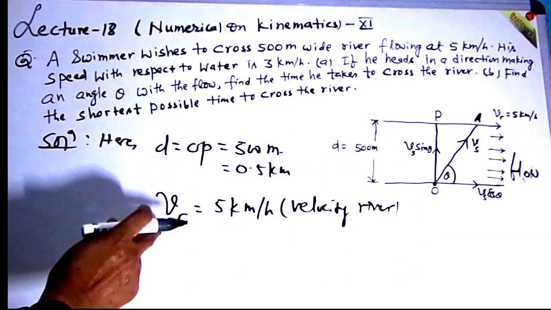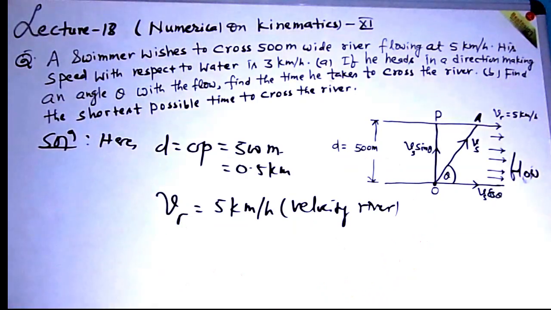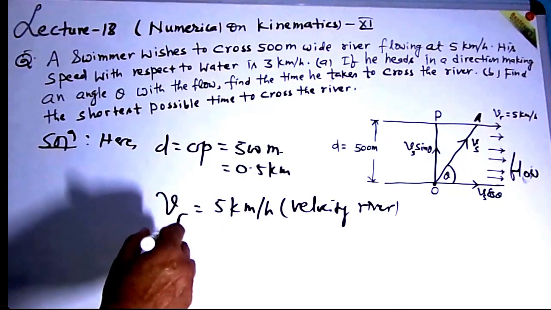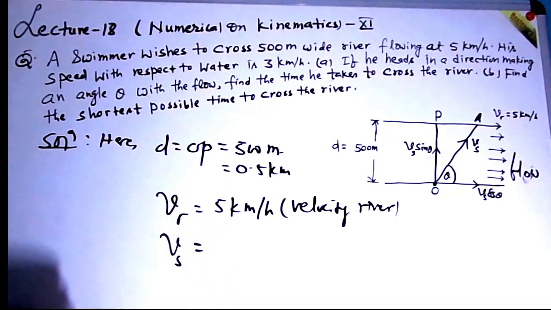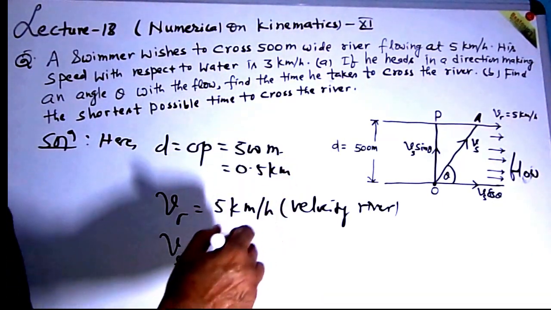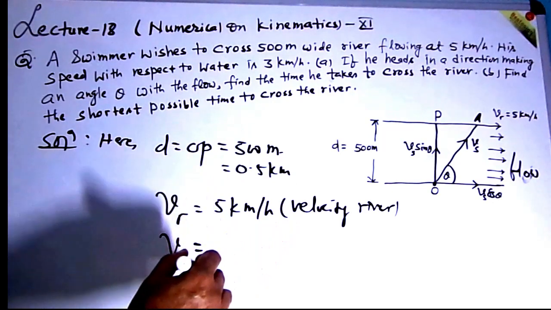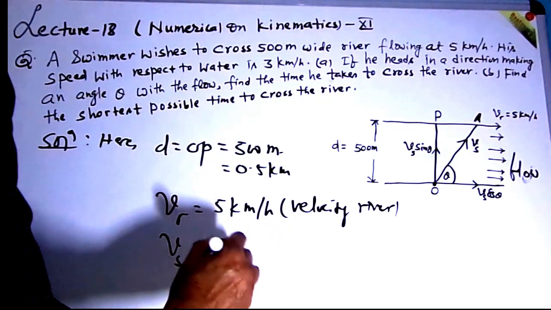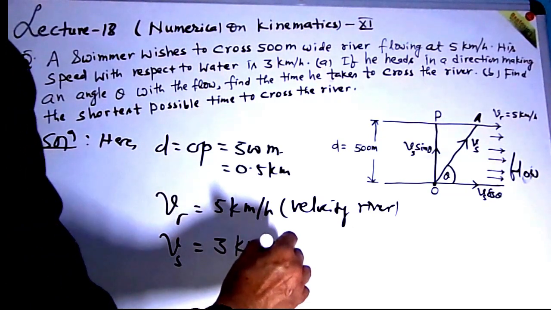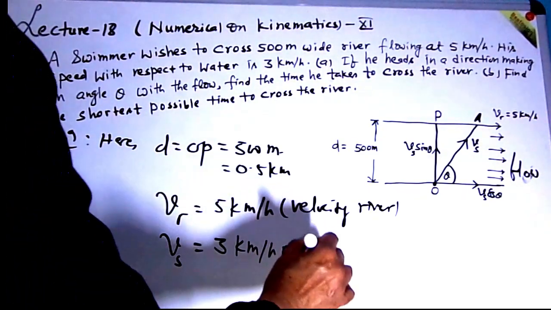Vs is the velocity of the swimmer, given with respect to water, so this is 3 km per hour.